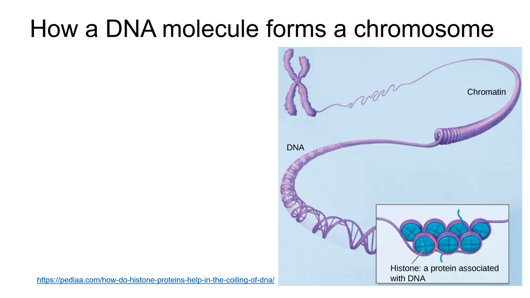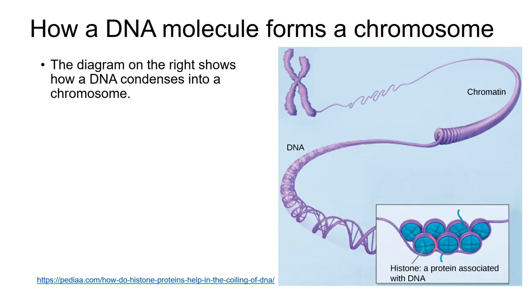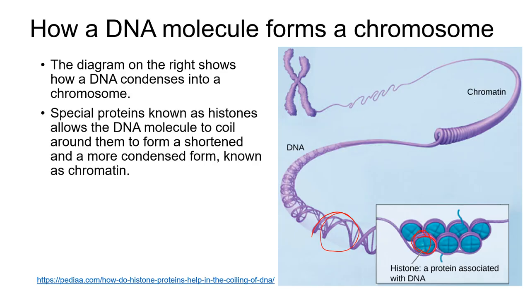So how does a DNA molecule undergo so many coiling and condensation to form a very thick structure known as a chromosome? This diagram on the right shows how DNA is slowly condensing to become a chromosome. You can see that the DNA is condensed around special proteins known as histones.